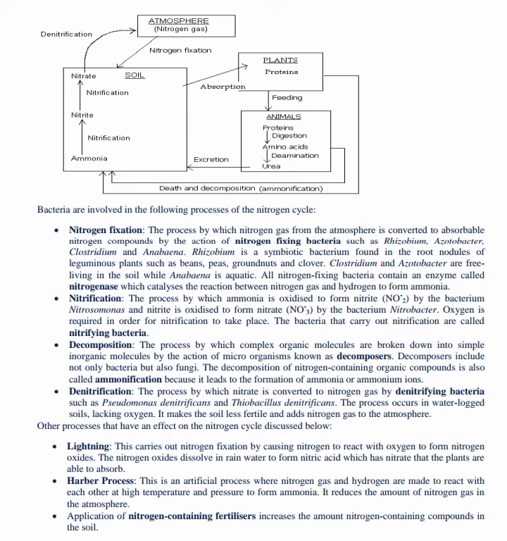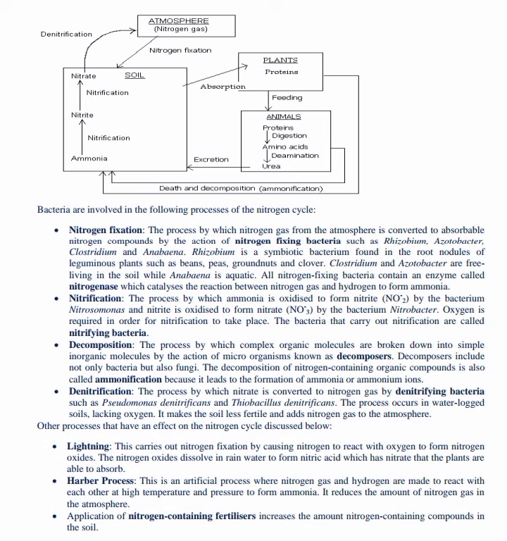Okay, we have the Haber process. I'm sure you have covered it in combined science. This one is an artificial process whereby nitrogen and hydrogen are allowed to react together, giving us ammonia. So this reduces the amount of nitrogen gas in the atmosphere.